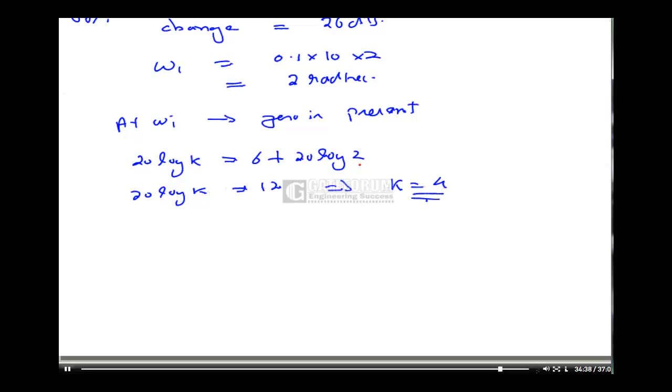I got one zero. One pole is already there. One pole is at the origin, because the initial slope is minus 20 dB per decade. Thus one pole at the origin.